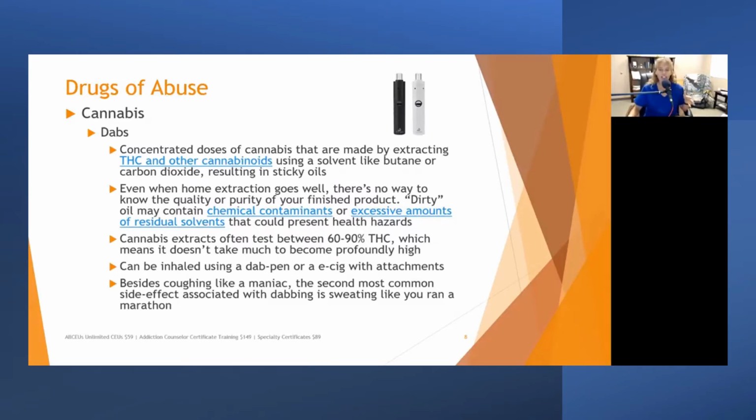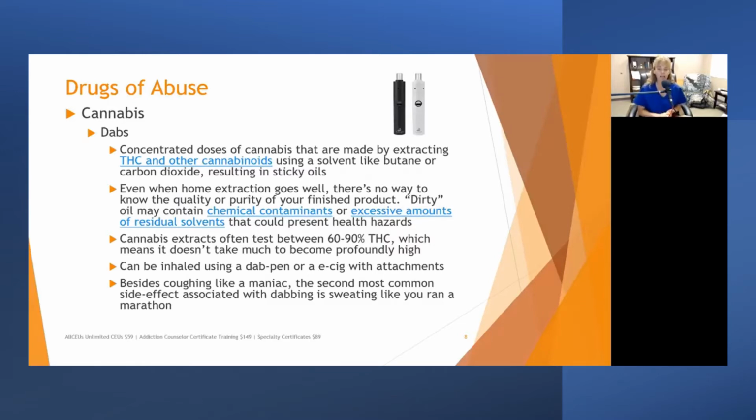Cannabis extracts often test between 60 to 90% THC, which means it doesn't take much at all to become profoundly high. It can be inhaled using a dab pen or an e-cig with certain attachments. So if you've got clients that are vaping, you do want to be aware of exactly what they're vaping and whether it's cannabis, spice, or tobacco.